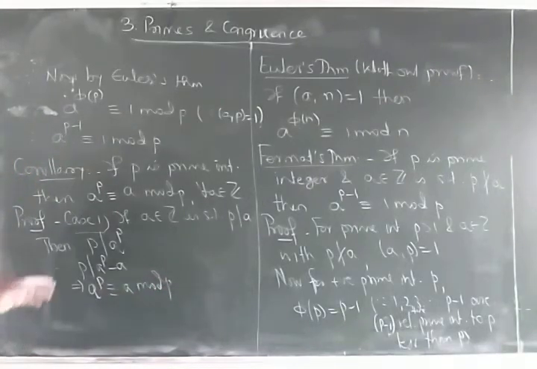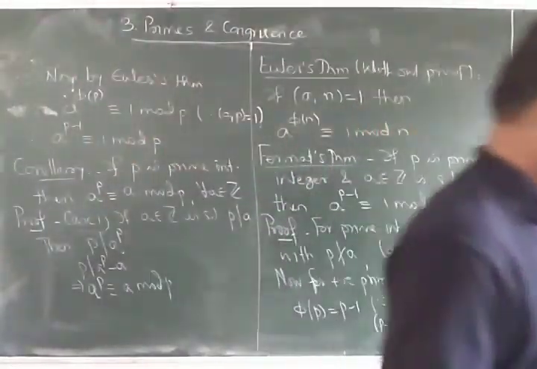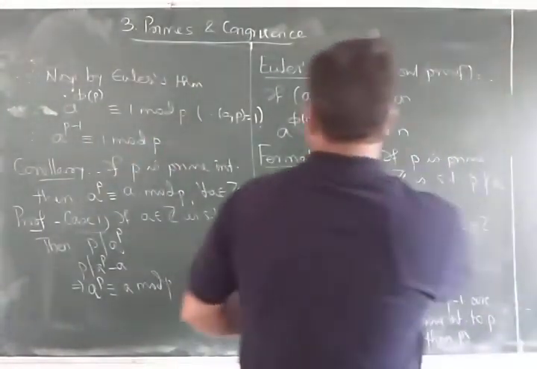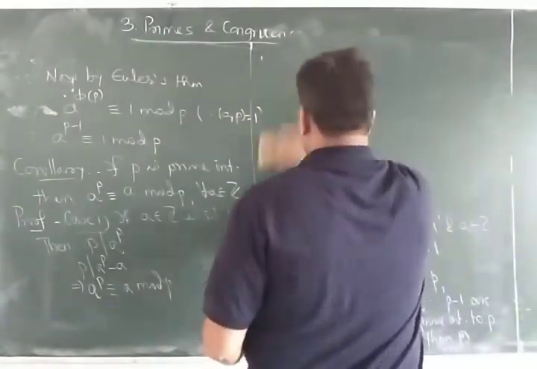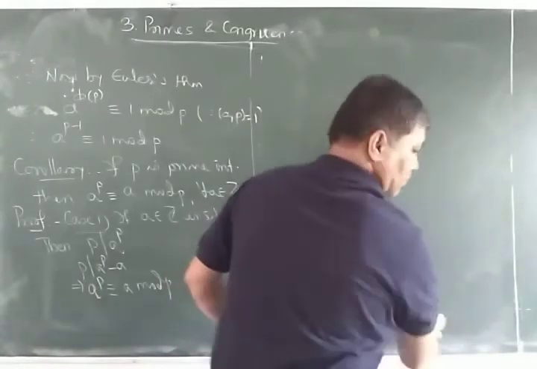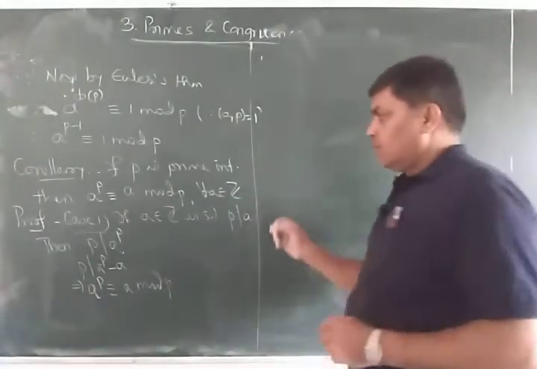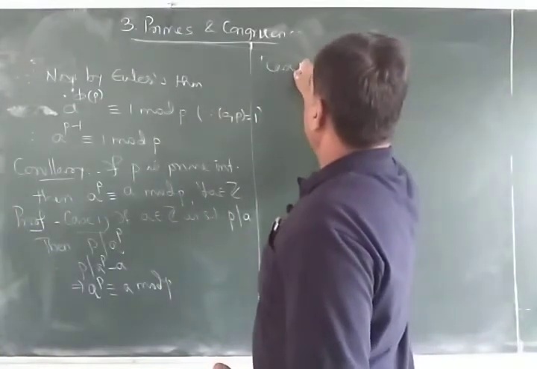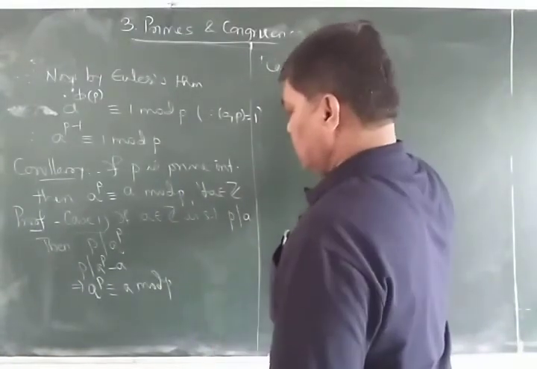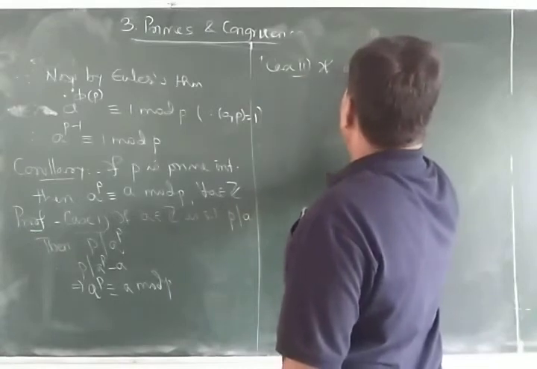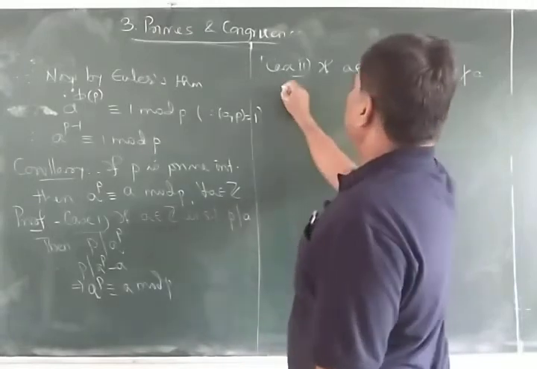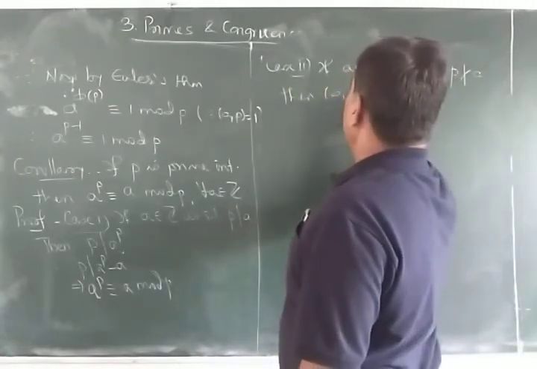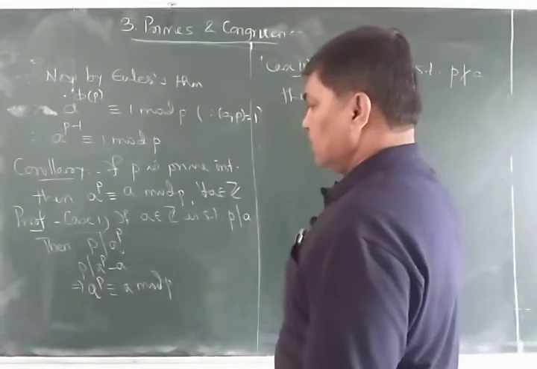Case 2: if a belongs to Z is such that p doesn't divide a, then GCD of a and p is 1.